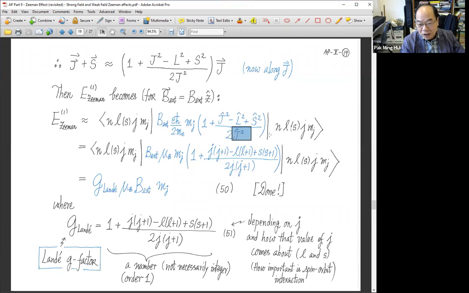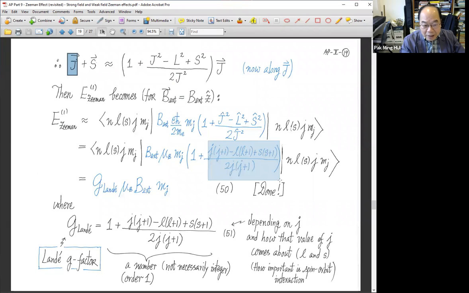And also this J square will look for J. Okay, so suddenly in one step, this thing becomes a number. Okay, now this is the original part, the J here. And then this extra bit is related to our further approximation, taking S along J.